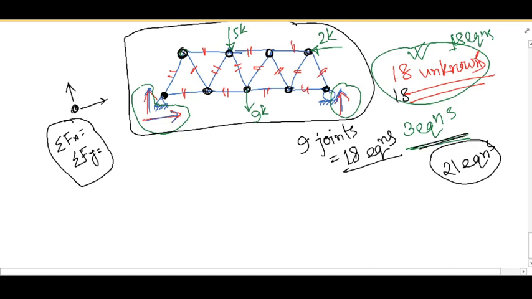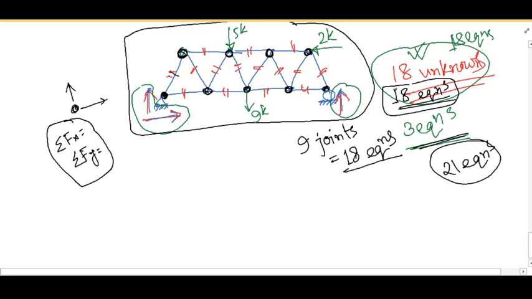But the thing is whether we are getting 18 equations or not, and if all these are consistent, then whatever the 18 equations are doesn't matter. Even if you get more than 18 equations, if all those are consistent, that doesn't matter. You can use any 18 equations from the 21 to solve this total truss.